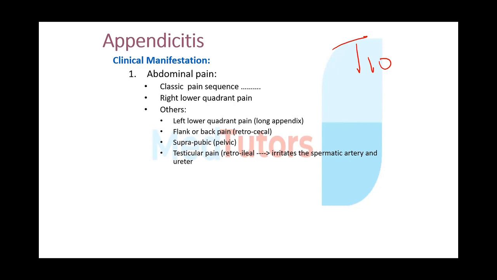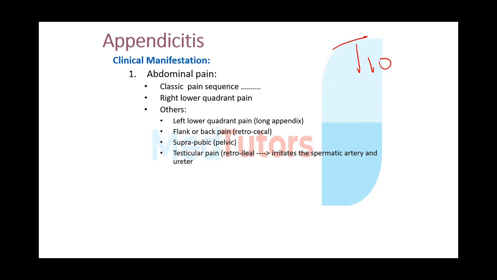So later, when the inflammation has now involved the serosa of the appendix, and the serosa is now in contact with the parietal peritoneum in the right iliac fossa, this pain is now localized.